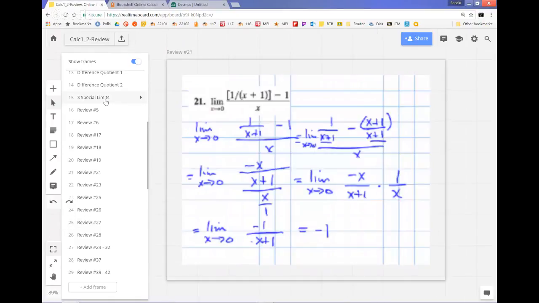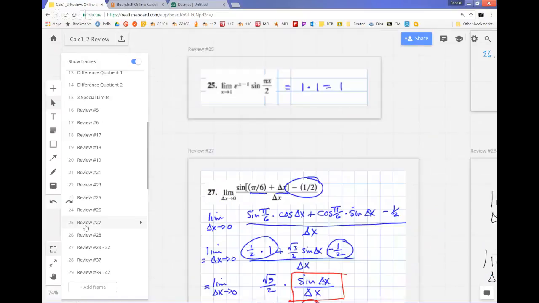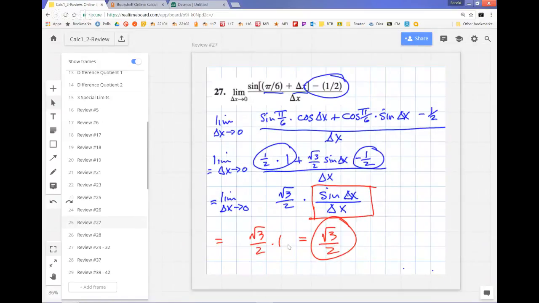There it is right there. The limit as x approaches 0 is 1. So I substituted a 1 there, and you can finish it up then. Square root of 3 over 2 times 1 equals square root 3 over 2. So that was number 27.